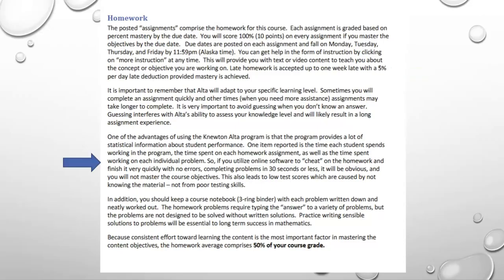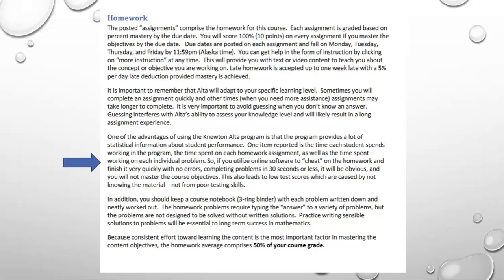One of the advantages of using the Knewton Alta software is that the program provides a lot of statistical information about student performance. One item reported is the time each student spends working in the program, the time spent on each homework assignment, as well as the time spent on each individual problem.